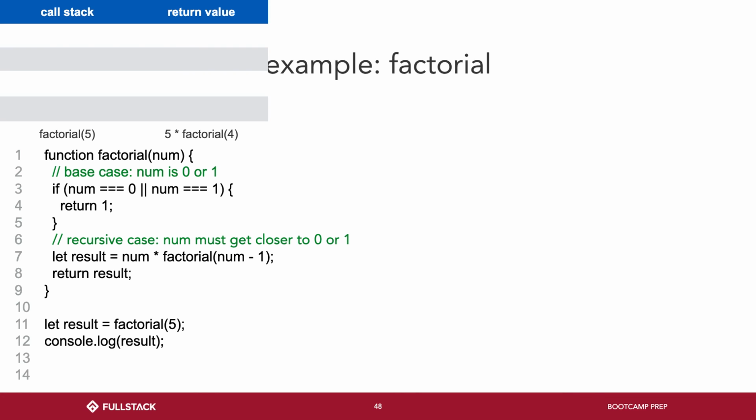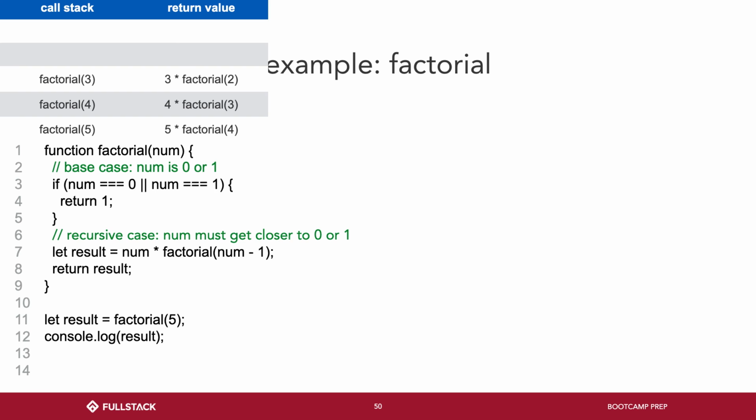So that is the return value. But since the return value includes a function call, we then have to call factorial of 4. And the return value of factorial of 4 is 4 times factorial of 3. Because factorial of 4 is not equal to 0 or 1, so we go down here and we return num times factorial of 4 minus 1, factorial of 3.